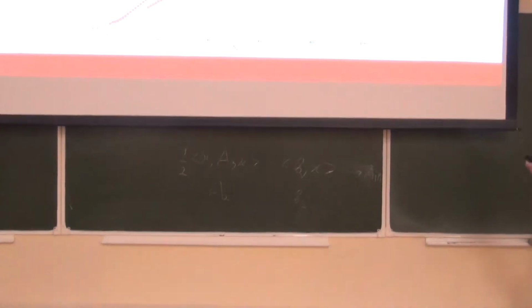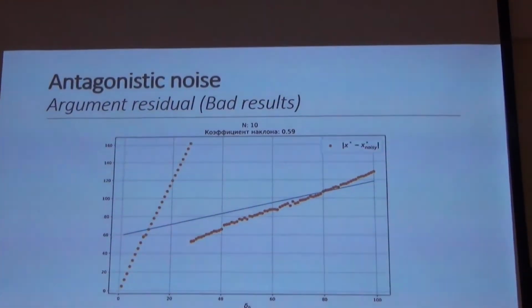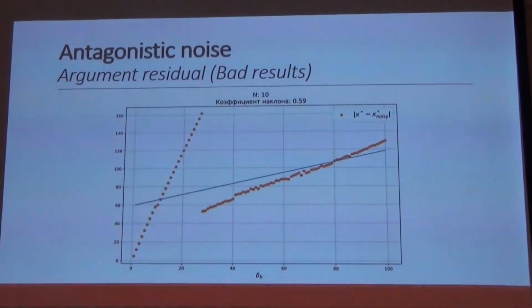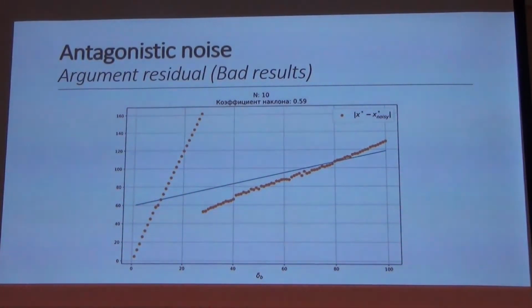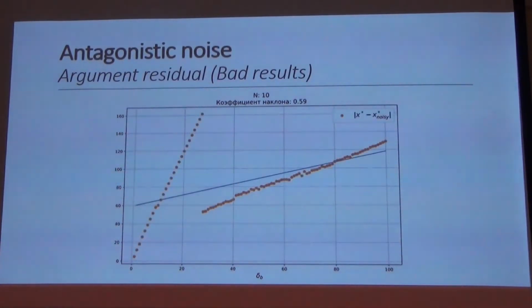So the difference between this picture and this is in the starting matrix and starting vector B. I still didn't find the dependency of these different behaviors on some parameters or properties of the matrix or vector B. This is subject to research and to better understand how it works, because this is still not obvious, and I still don't know what the reason for such different behaviors is.